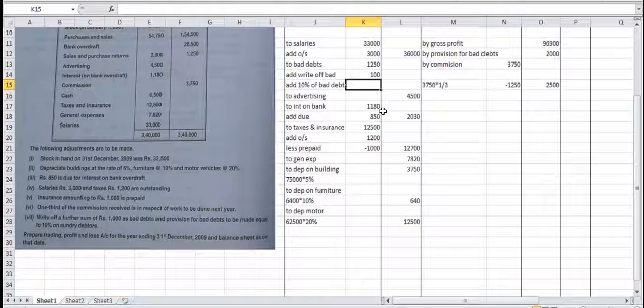What is the amount for 10% of bad debts? Let's calculate here. Calculation of bad debts.